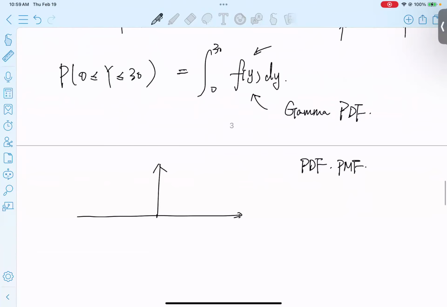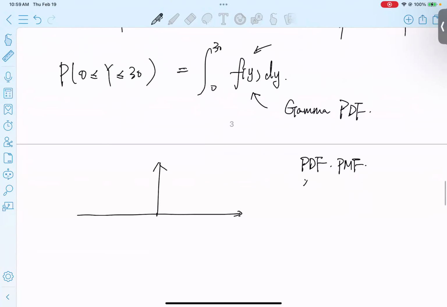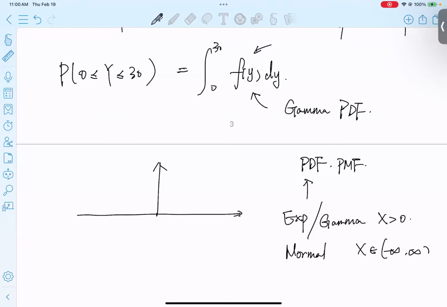So to answer your question regarding normal, let's revisit the support for the exponential and gamma. The exponential or gamma distribution has the support of x greater than 0 for real values. The support for normal is x from negative infinity to positive infinity.